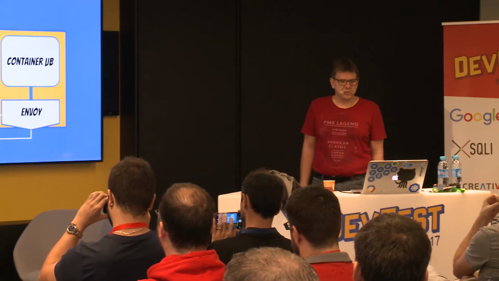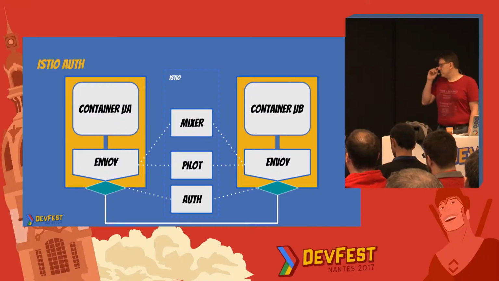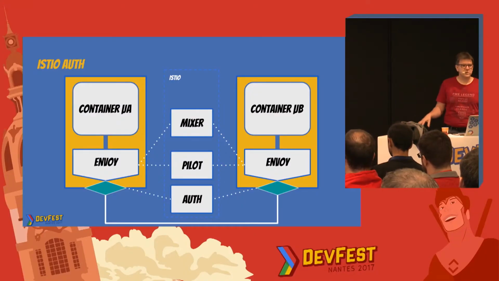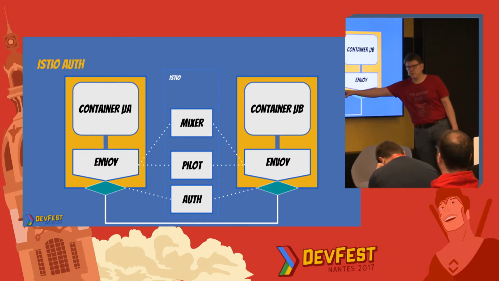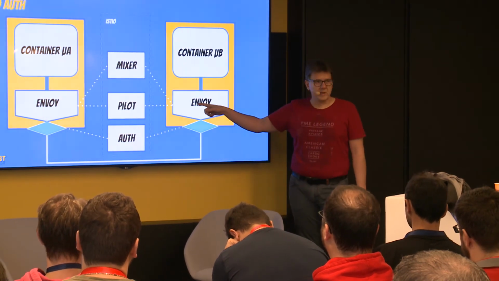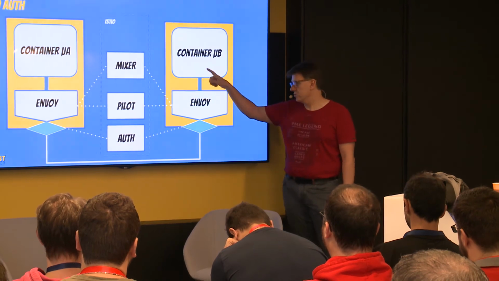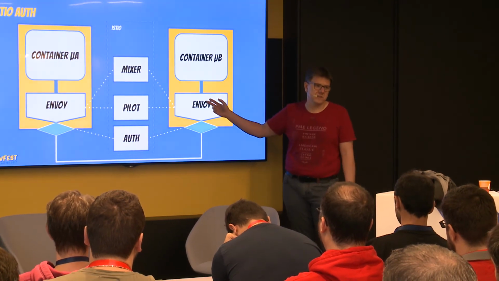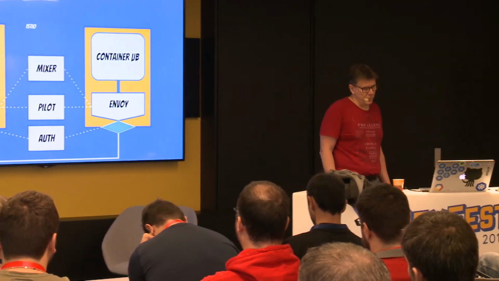But that's now pushed completely to Istio. There's even an authentication part, but I'm not going to dive too much into that. It will make sure that the traffic over the network is still encrypted. So you can still do plain vanilla HTTP calls to the Envoy, otherwise Envoy can't intercept it, and Envoy will make sure that it's encrypted over the wire.